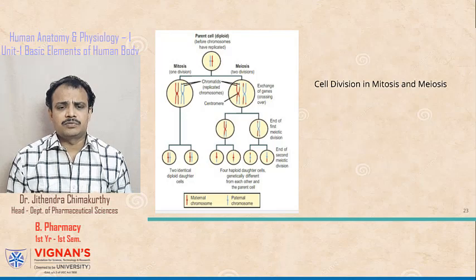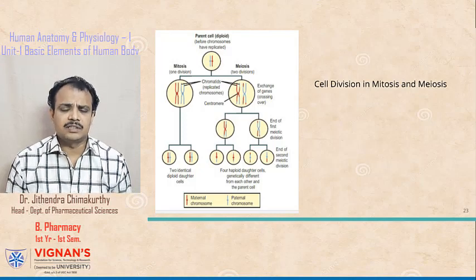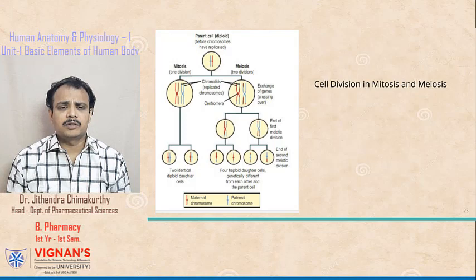So this leads to formation of two daughter cells. The first stage of meiotic cell division, or the first meiotic division, will lead to formation of two daughter cells, and these two daughter cells also will have genetically different chromosomes when compared to their parent cell.